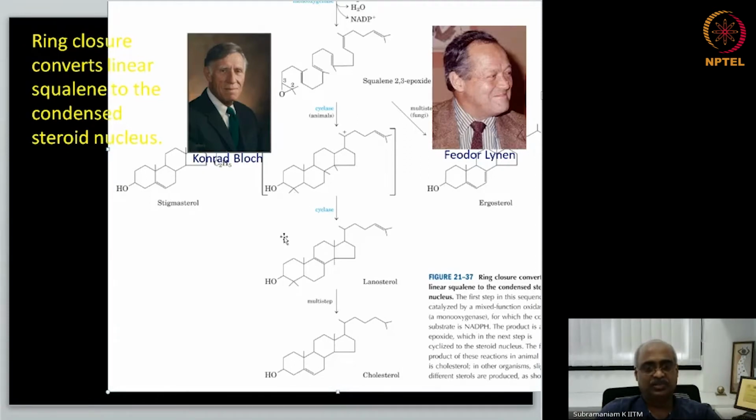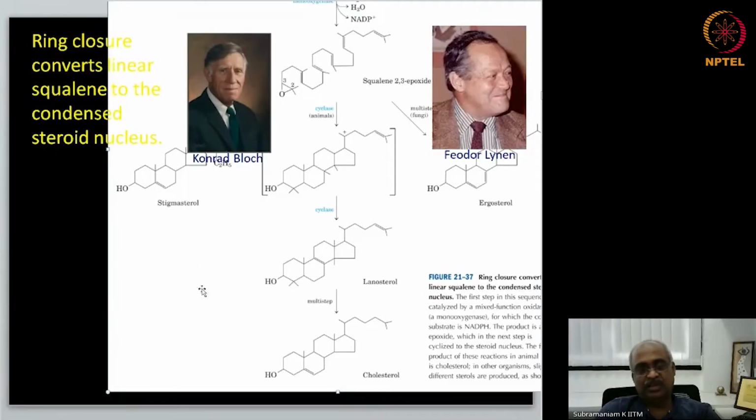These 2 methyl groups are removed, and then you have a double bond here, and those rearrangements in lanosterol results in cholesterol. So this is what happens in animals. This does not happen in plants.